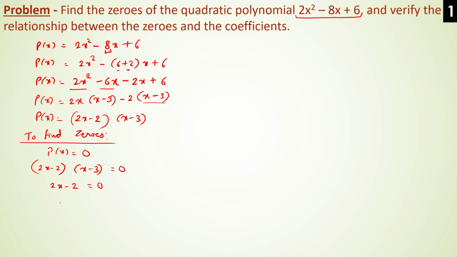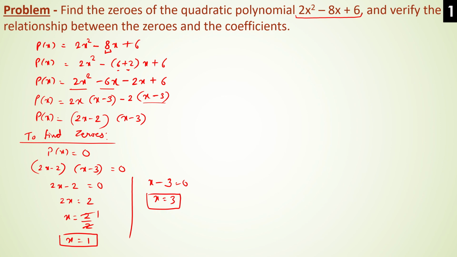First taking 2x minus 2 equal to 0, so we get 2x equal to 2 and x equals 2 upon 2, that means 1. So value of x is equal to 1, and for another value of zero, we will take x minus 3 equals 0, and hence we will get x equals 3.